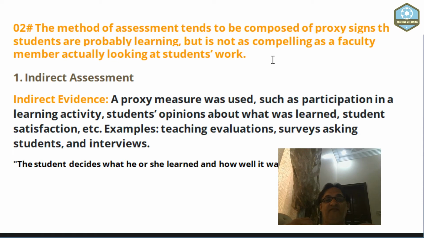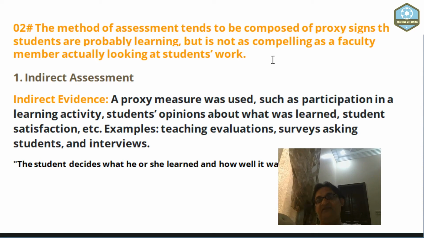However, in the indirect, the student has to decide it, or this is the proxy sign in which observation, surveys, participation, and student satisfaction are the evidences for the indirect assessment. The student decides what he or she learned and how well it was learned.